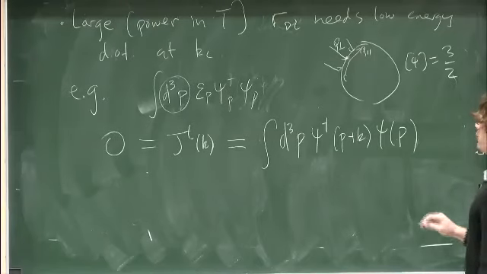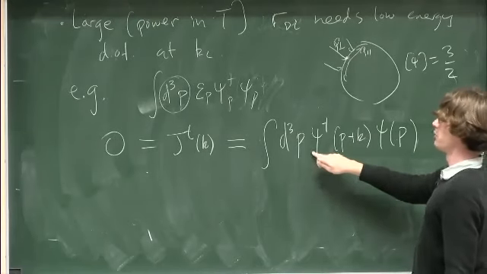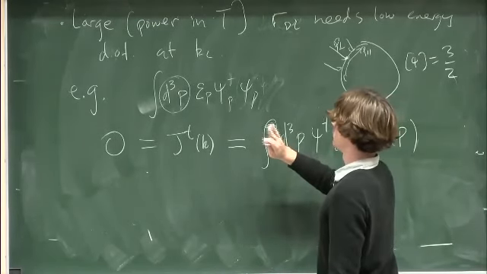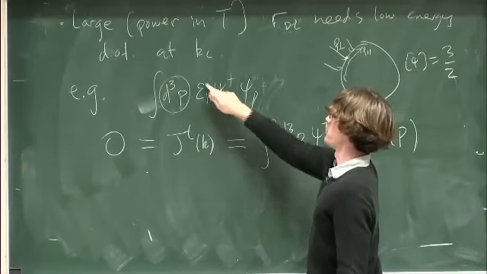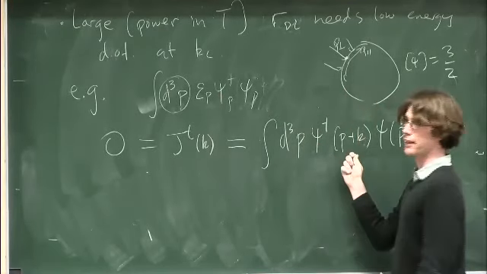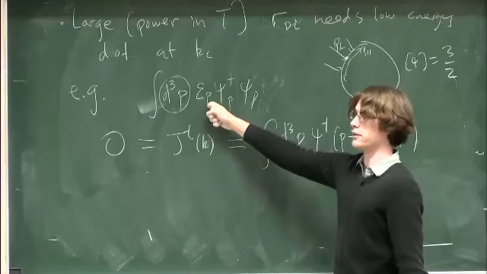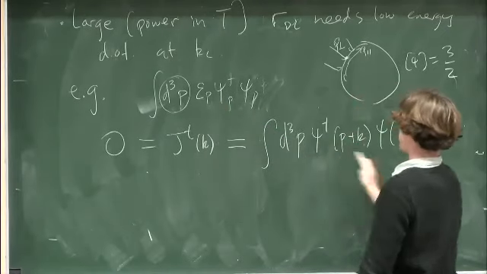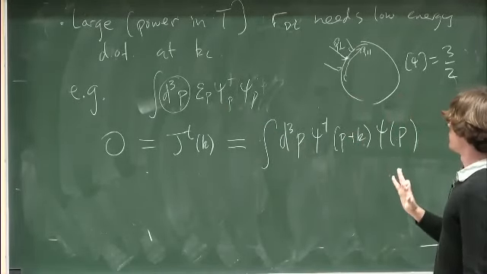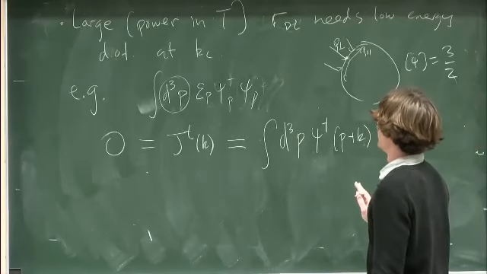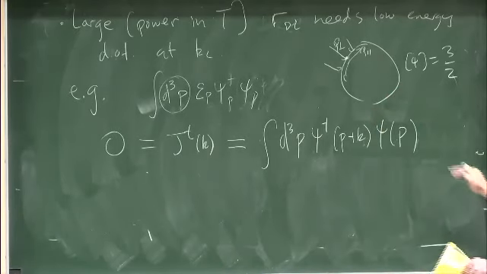Here it's just obvious that this is relevant because it goes like energy. This is just a kinetic term, like adding the kinetic term without the omega in front. Okay, this operator is relevant.